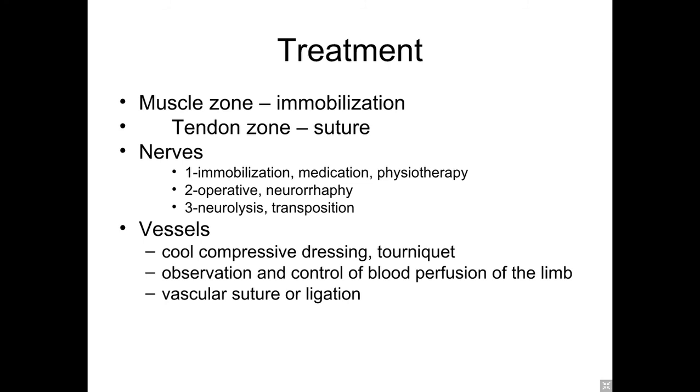Second degree is axonotmesis. Axonotmesis means that axons of peripheral nerves are divided, but the sleeves of those axons, the Schwann sleeves, are healthy. The distal part of this axon will become necrotic.